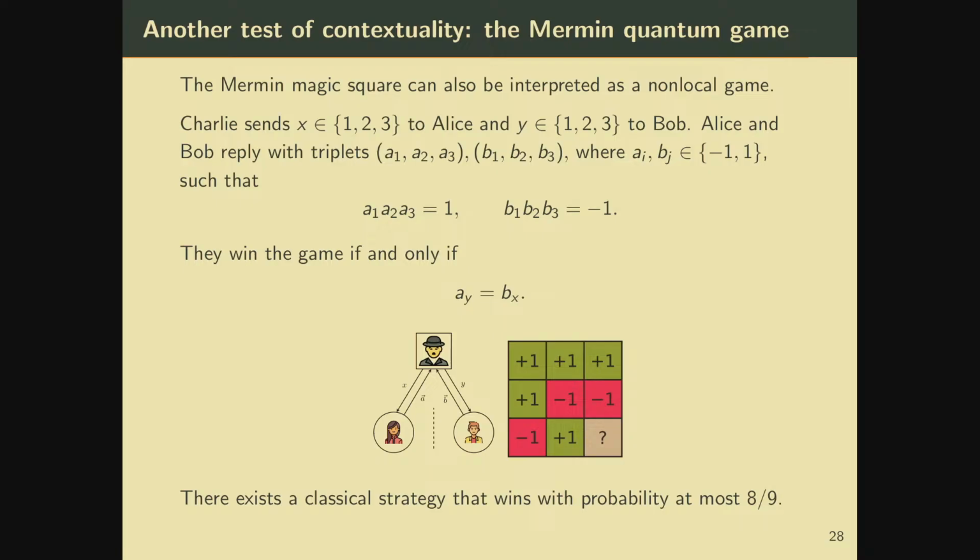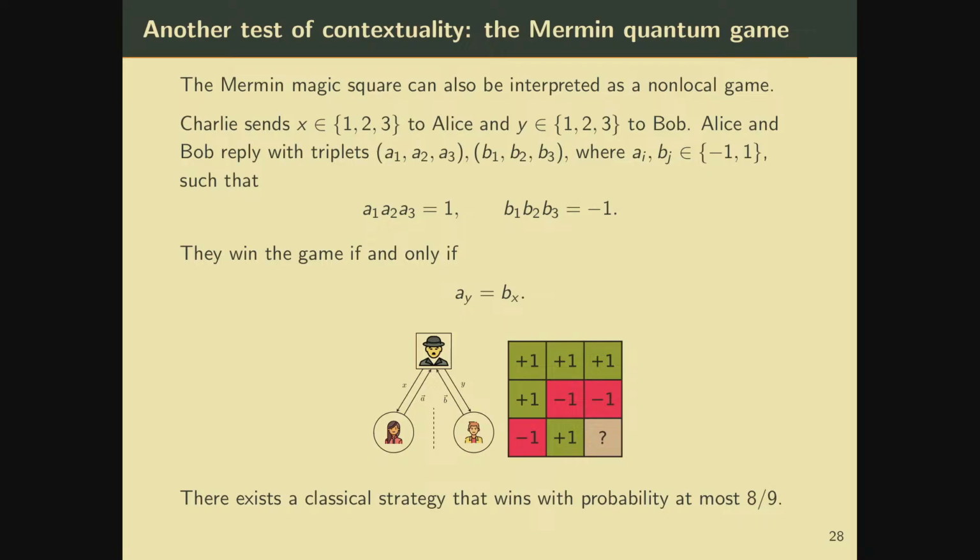This classical strategy is represented by this assignment here. Suppose Alice is here, Bob is here. If Alice gets 1, she will reply 1, 1, 1. If she gets 2, she replies 1, -1, -1. Similarly for Bob, if he gets 1, he plays 1, 1, 1, and if 2, 1, -1, 1.